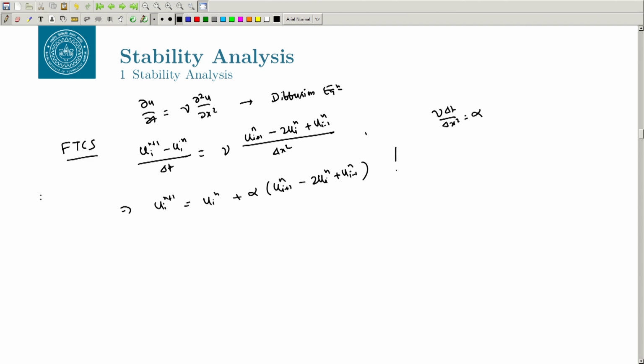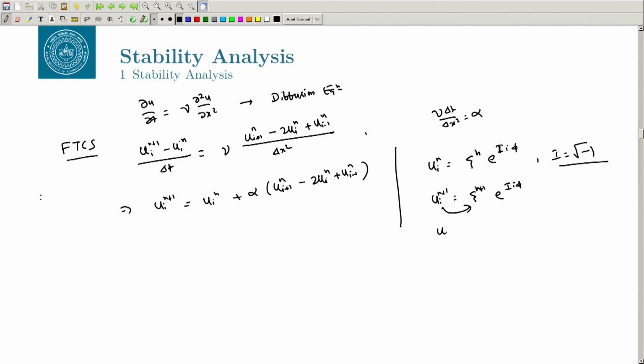Now, what does the Fourier inverse say? That u_i^n is represented as g^n e^(I i phi), where capital I is the square root of minus 1. So u_i^(n+1) will be g^(n+1) e^(I i phi). When you increase the time, it only changes the amplitude.